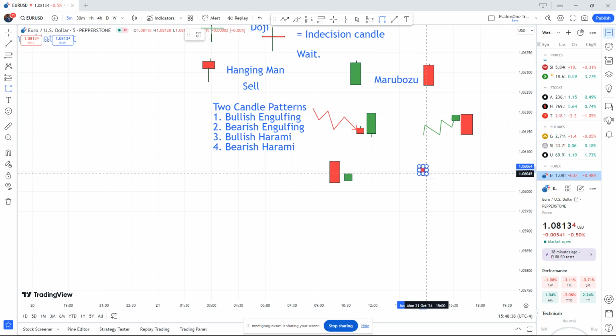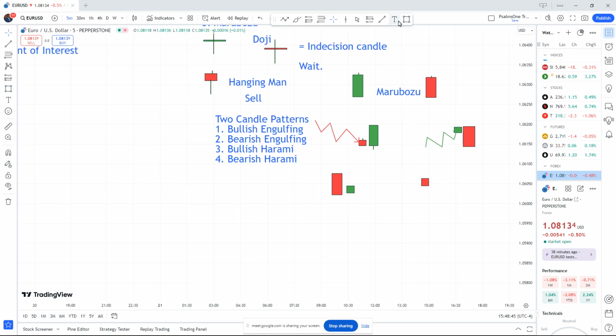So the inverse, the opposite, is bearish engulfing. It will be a long red and a small green.